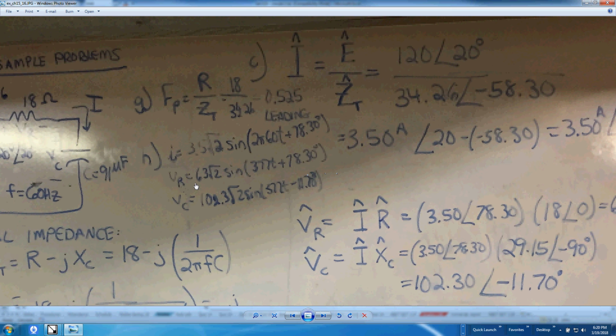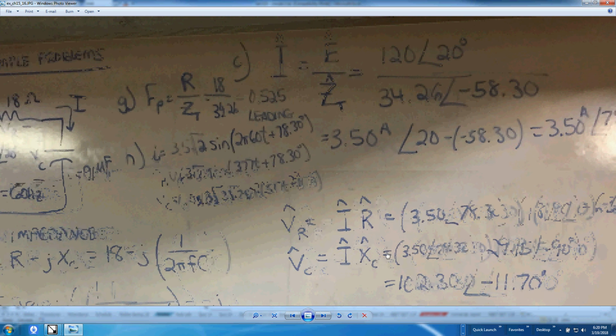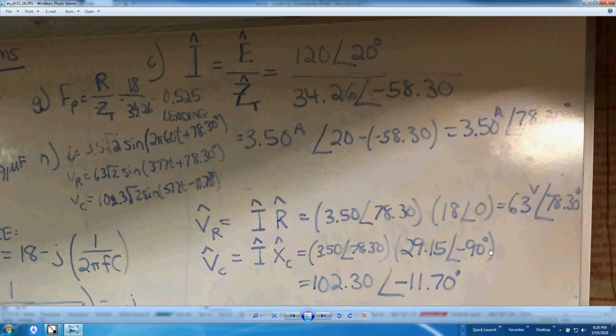And then V sub r, same thing. You're going to take the magnitude of VR in vector form times the square root of 2 sine of 2 pi 60, which ends up being 377 t plus 78.30 degrees.